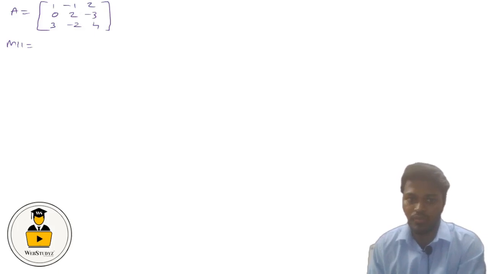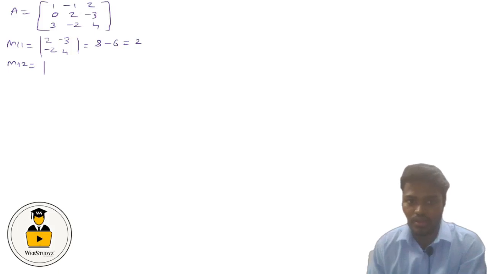So for M11, we will hide the first row and first column. So the determinant of the remaining elements is 8 minus 6. So this is 2.